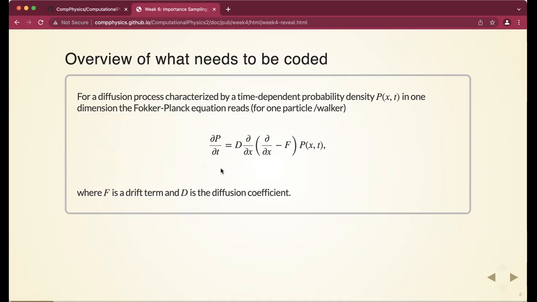So what you have now is the standard diffusion equation, but you have added to this one a drift term. So you can think of this drift term as a kind of force, which now forces the particle to move in a specific direction.